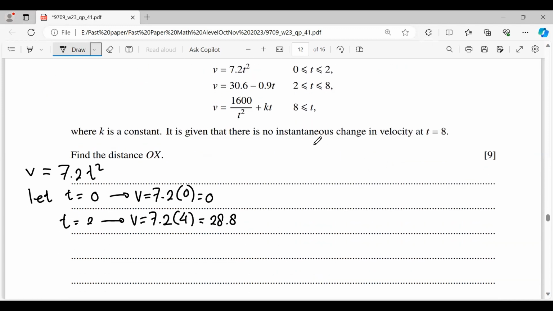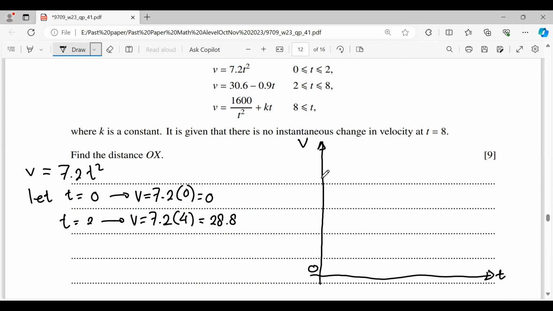And if we sketch, this is v axis and this is t axis. The origin here.